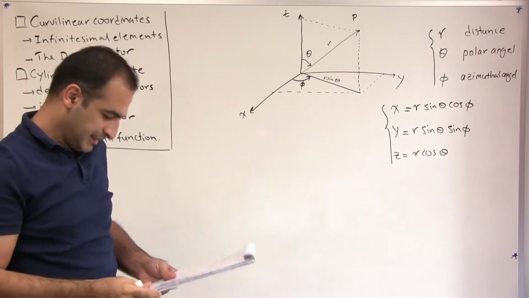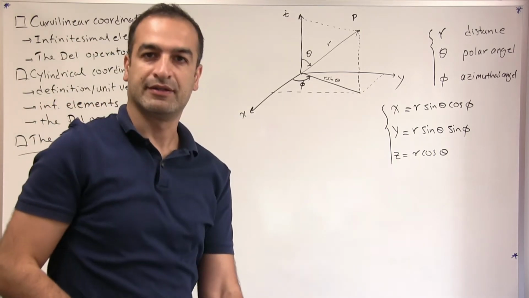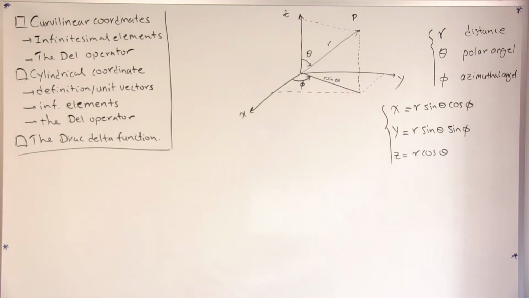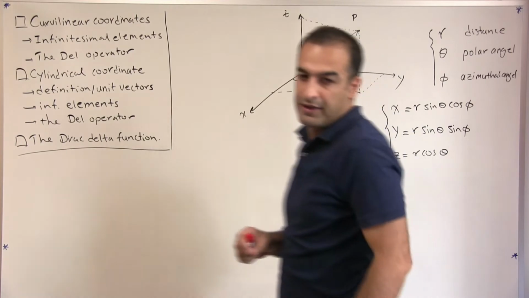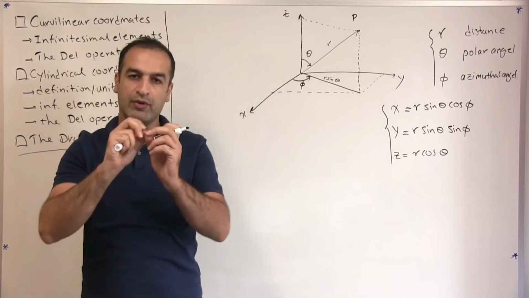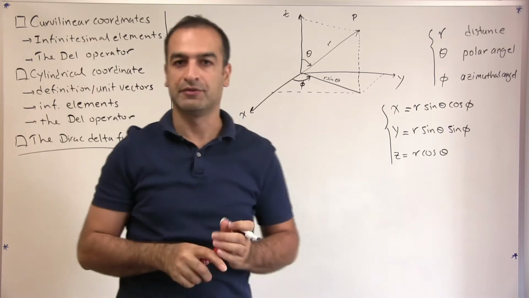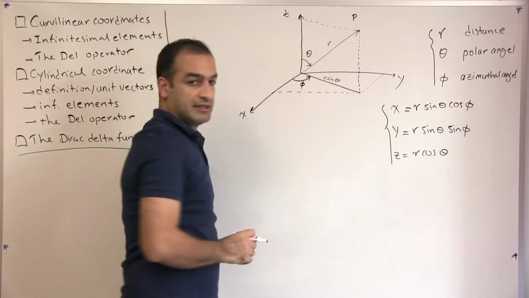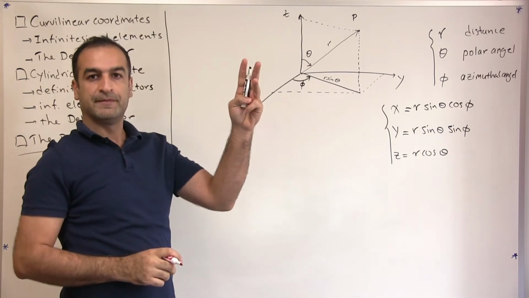Okay, and then we also define the unit vectors, right? We said that unit vectors are in the direction that the point P is going to move if we increase each of these variables. That means, let's say we increase r a little bit, what direction is P changing?